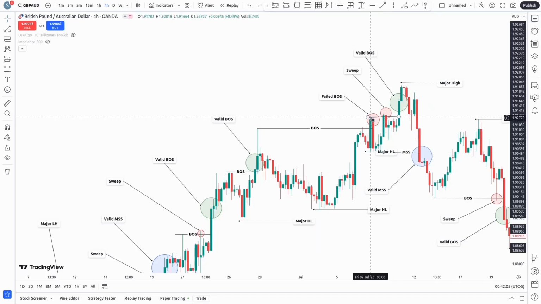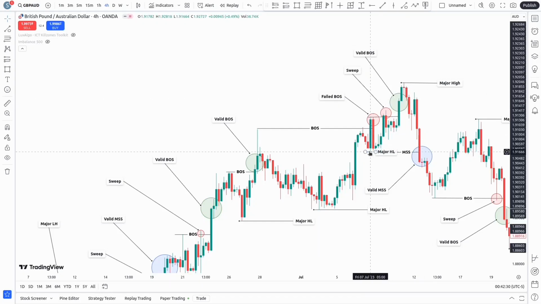This happens, it failed, then came back here. What we experience here is a liquidity sweep from this level. Then this is where we have a real break of structure. You can see it breaks this level, takes this level, and we have a valid break of structure here.